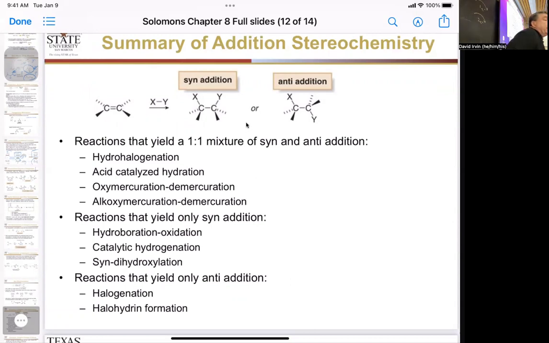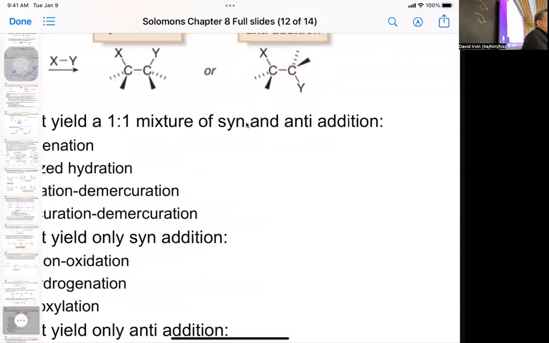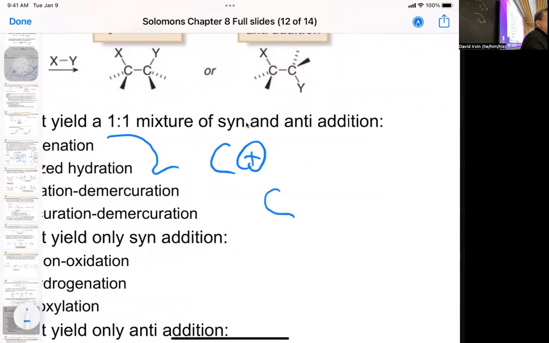So when we want to think about these, we want to look at these two right here, we form a carbocation. In these two here, it's all about whether the mercury attaches to the top or the bottom first. That gives us our mixture, okay?